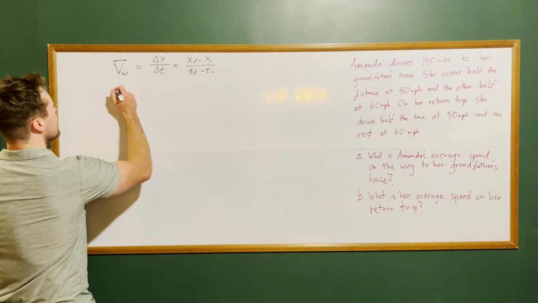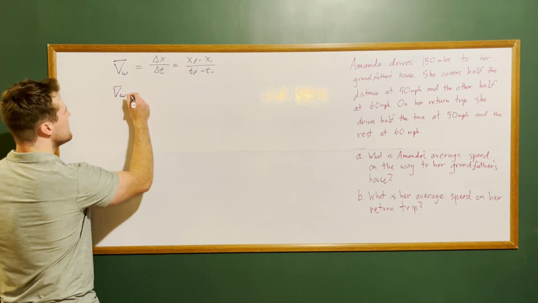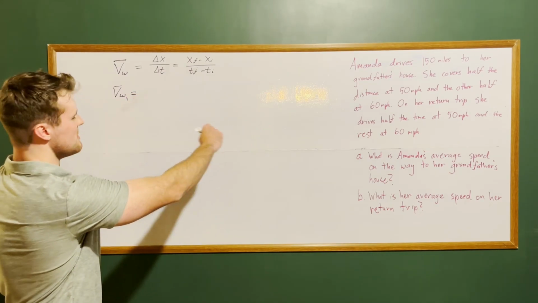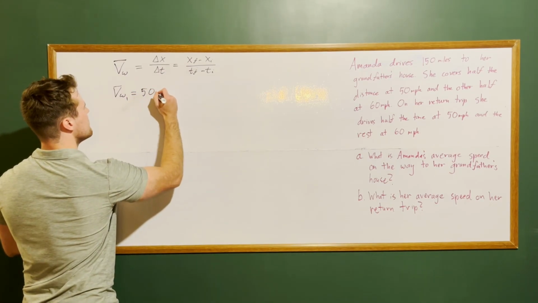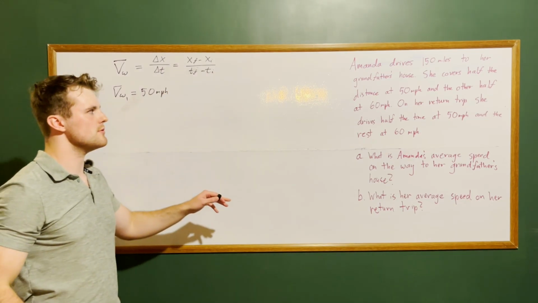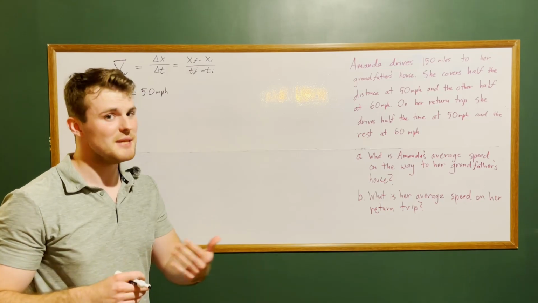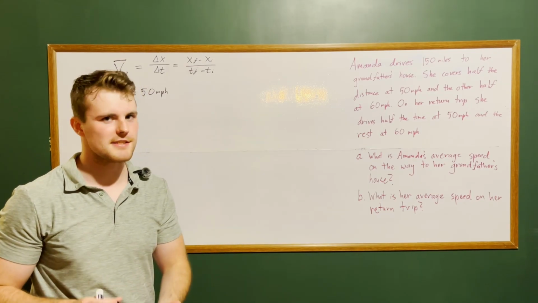Okay, so let's write down what we know. We know that V bar sub W1 equals 50 miles per hour. And why did I put a little 1 there? Because I have to divide this trip into two different segments because she changes speeds, which technically means there's acceleration.